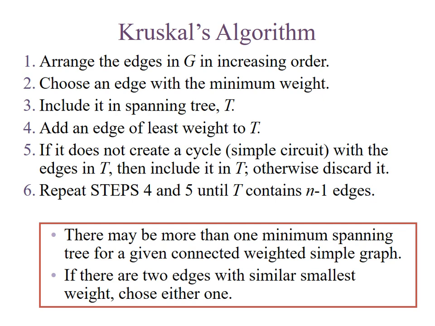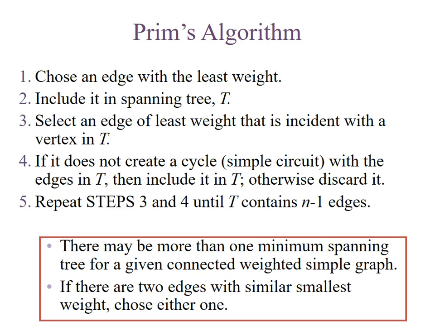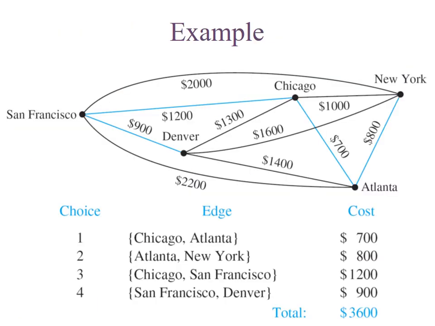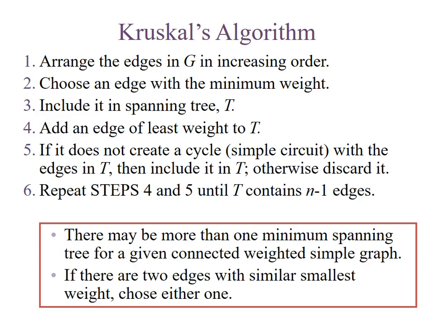So by the steps of the algorithm, you can see it's a little bit similar to Prim's algorithm, right? But the difference is for Prim's algorithm, we just choose the edges incident with the vertices in P. Then you can expand a new edge from the current stage of P. But in Kruskal's algorithm, we just choose the minimum edge.